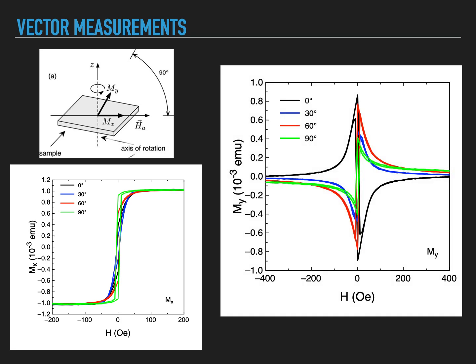The magnetic moment that you measure along the y direction does not look like a normal hysteresis loop. Indeed, it looks more like a sort of star. Okay? That is because the direction of application of the magnetic field induces a preferential direction along which the magnetic moment will lie during the application of the field itself. So it means that when you are approaching saturation, the x component of the magnetic moment will reach saturation, and the y component will go to zero.